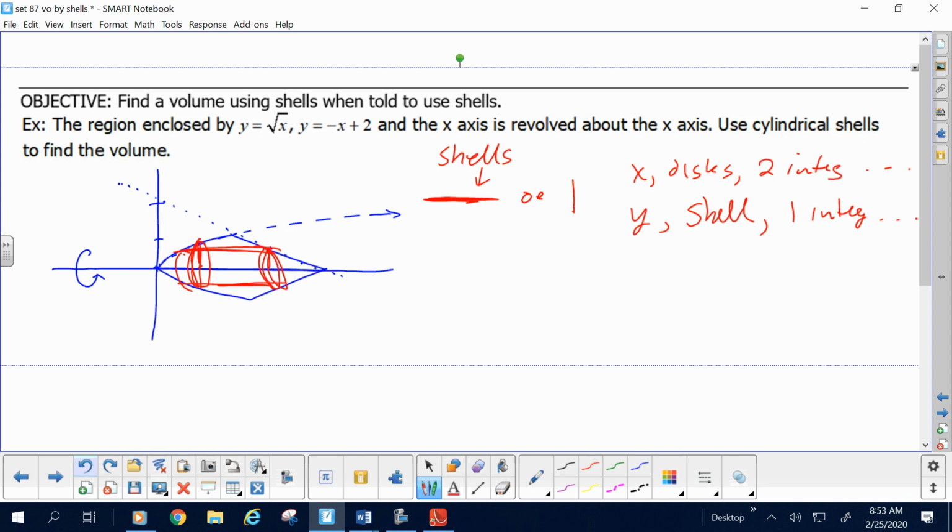So here's a little different now. If I were to cut, rather than unwrapping side to side, we're going to unwrap up and down, so it's going to be this deal, yeah? All right, but it's still 2 pi times the radius times the height times the thickness. 2 pi out front. Talk to me about the radius.